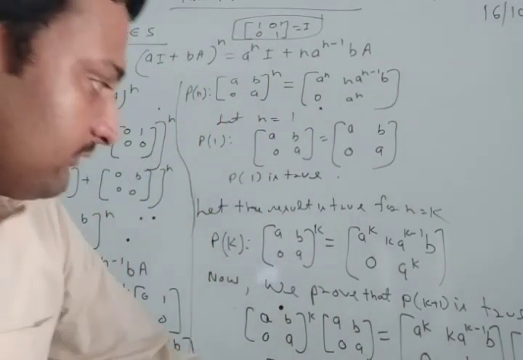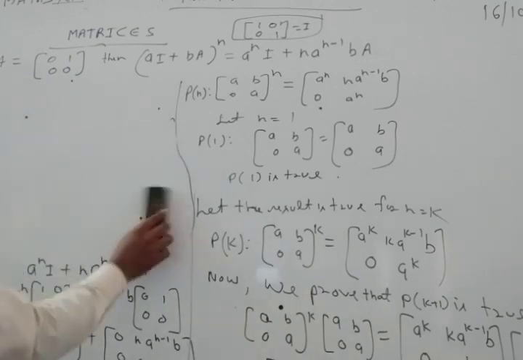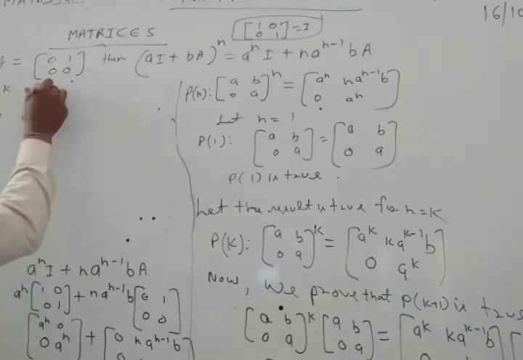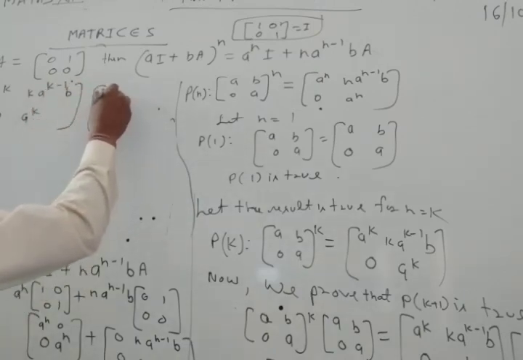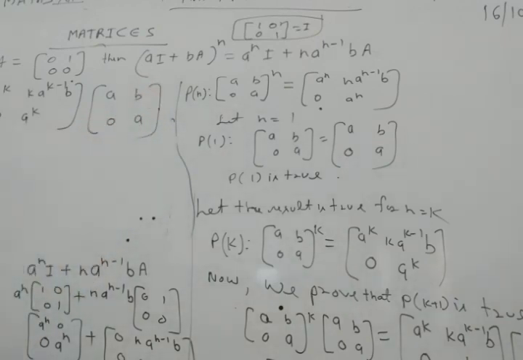Okay, we are seeing here these things. What we have to take is the right hand side. Right hand side is a to the power k 0 a to the power k and k a to the power k minus 1 b, A B 0 A. Now what we will do?